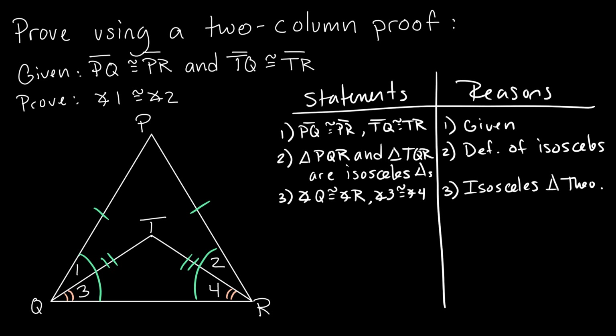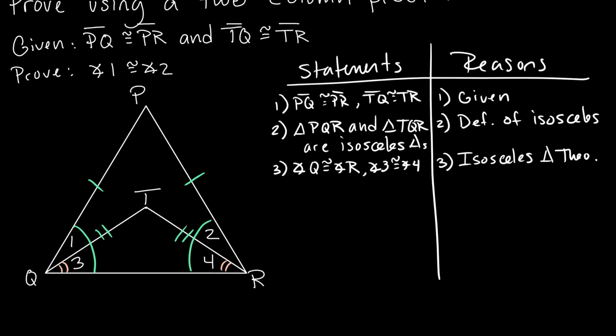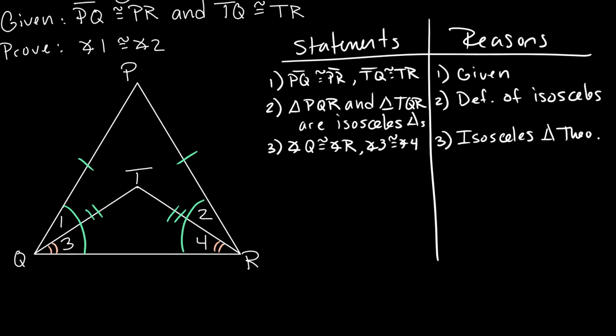Okay, so now is where it steps up a notch. Does anyone have any idea how we can know that angle 1 is congruent to angle 2? Because that's what we're trying to prove, right? Since 3 and 4 are equal, and Q and R are equal, 1 and 2 are missing.